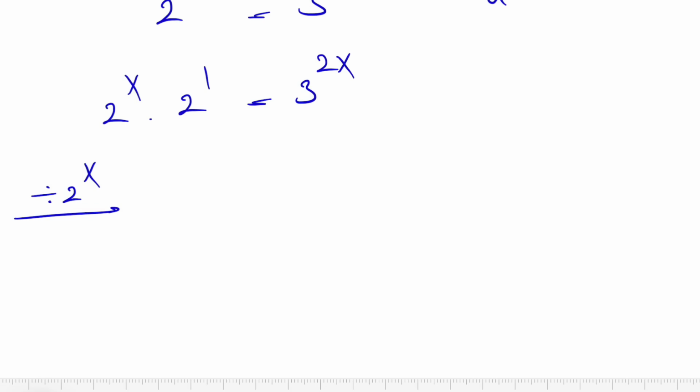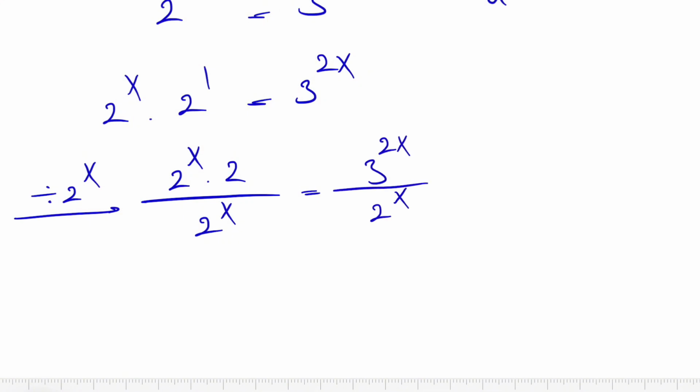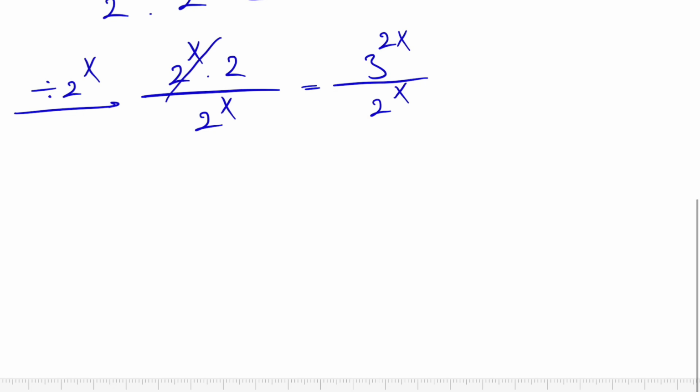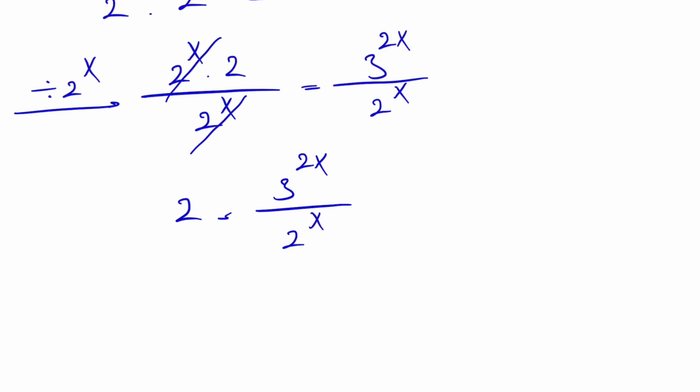On the left side we have 2 to the x times 2 over 2 to the x, and we know for a fact that 2 to the x cannot be 0, so it's not going to make our denominator 0. Here we have 3 to the 2x over 2 to the x, and on the left side we'll end up with 2 is equal to 3 to the 2x over 2 to the power of x.